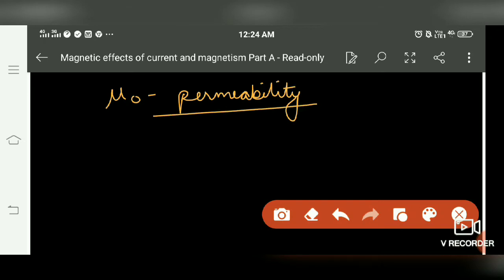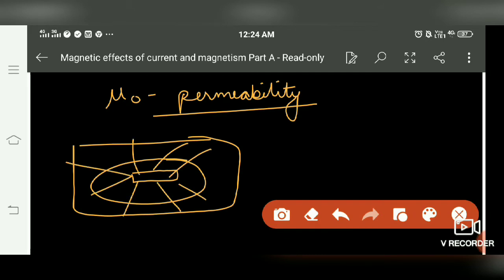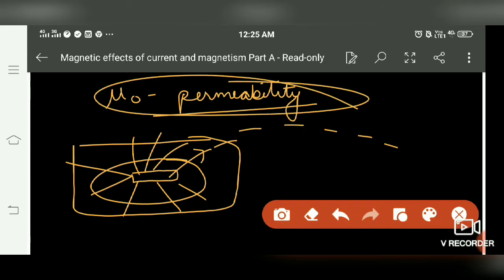What is the meaning of permeability? If a magnet is placed in a medium, how much this medium allows the magnetic field lines to pass through it and reach farther distance, that is called the permeability of that space or medium.